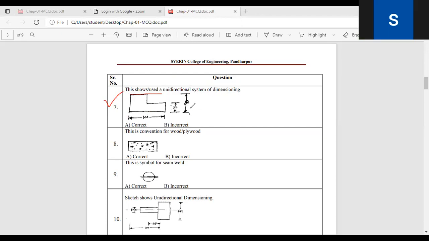Is it unidirectional or bidirectional? Unidirectional. Okay, how have we decided it is unidirectional? Lines are broken. Okay, the dimensioning lines are broken down, so it is the unidirectional system. Good.